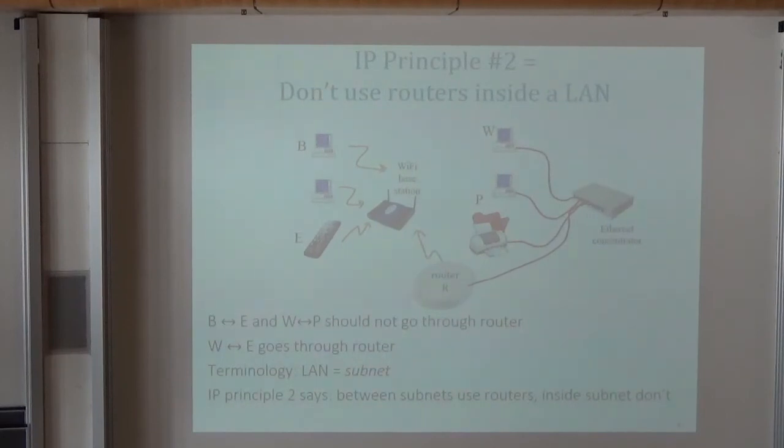This principle is inherited from the past. It's a bit strange today in some sense, but it comes from the fact that IP, as the name stands, is not networking, but is inter-networking. The I stands for inter-network protocol.